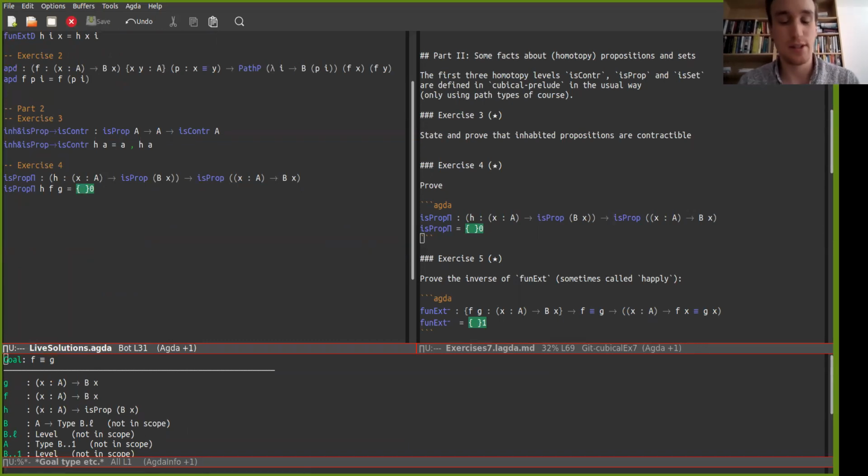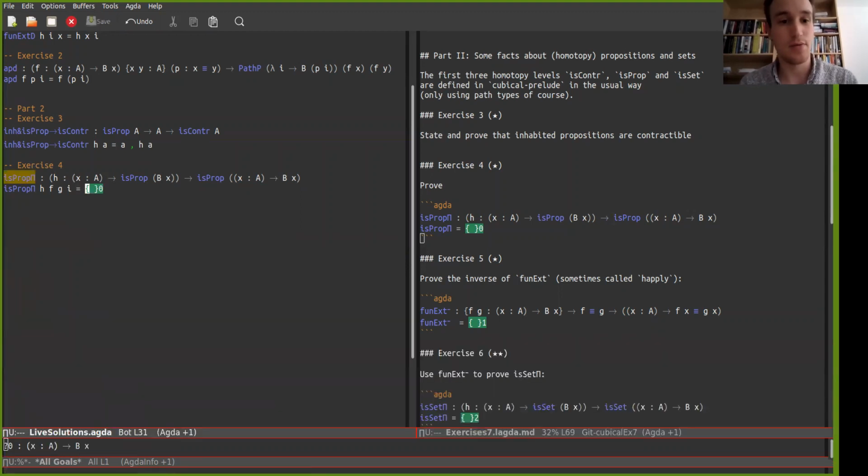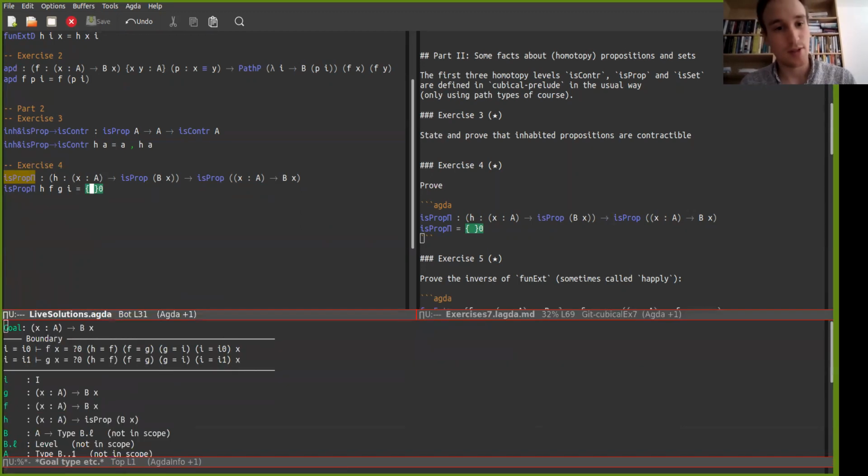So again, we take an interval variable. We have to give a dependent function that matches what we want on the boundaries, namely f and g. So, okay, plug in x.